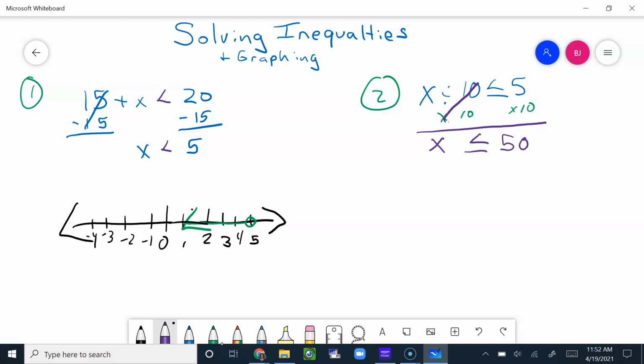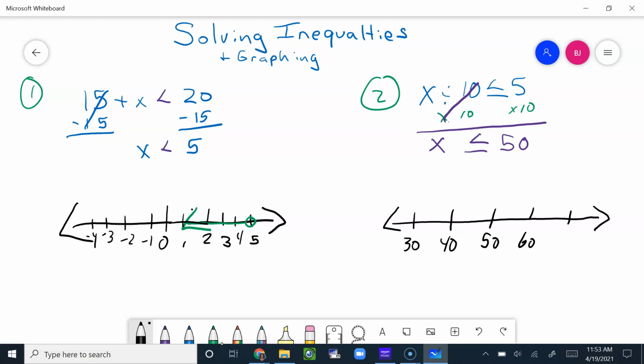Once again, we are solving these just like you would solve equations. So let's draw our number line here. I'm not going to go all the way up to 50 starting at 0, so this number line is going to be 30, 40, 50, 60, 70. Because it says less than, am I going to go to the right or to the left? It will be to the left.